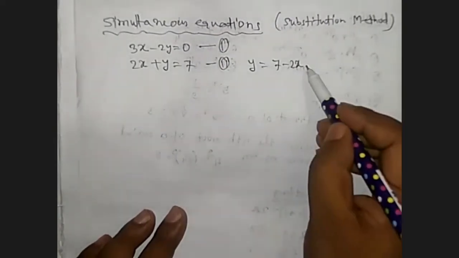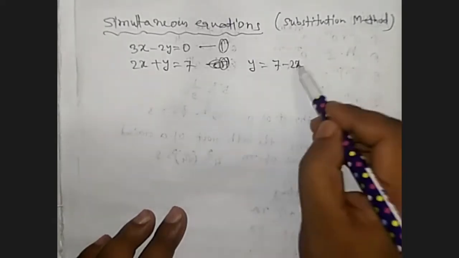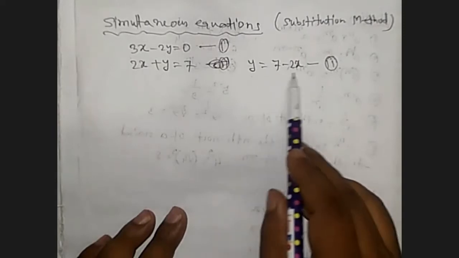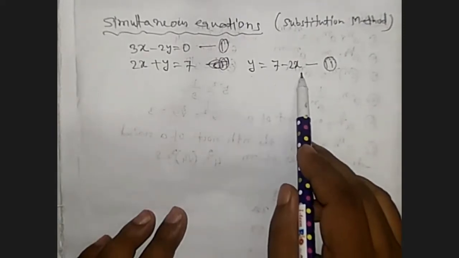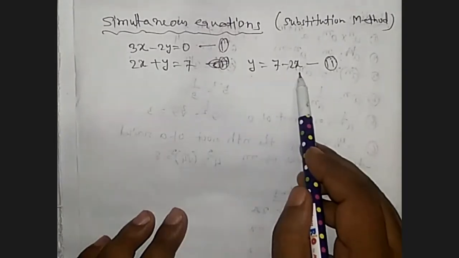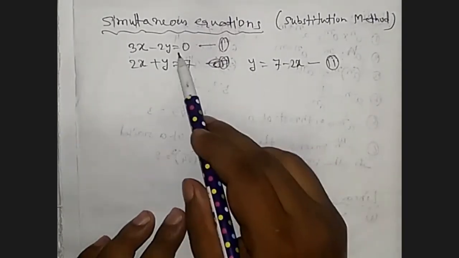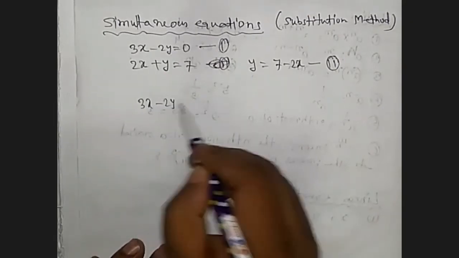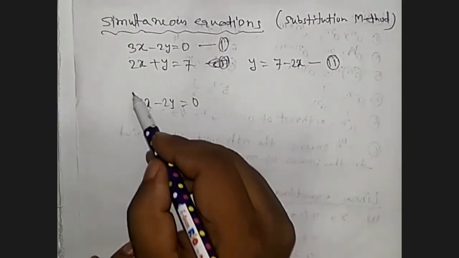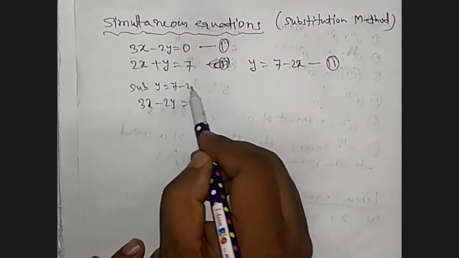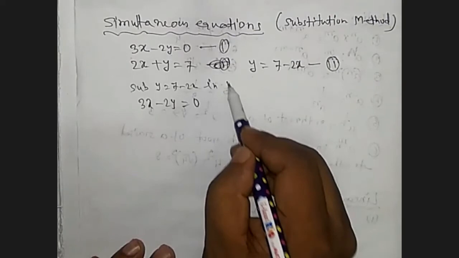Better name it equation number 2. Now substitute this y equals to 7 minus 2x instead of this y. So let me write here 3x minus 2y equals to 0. I mean substituting y equals to 7 minus 2x in 1.